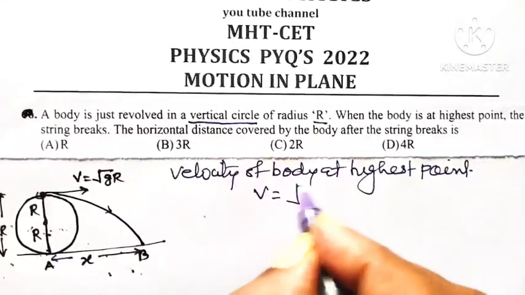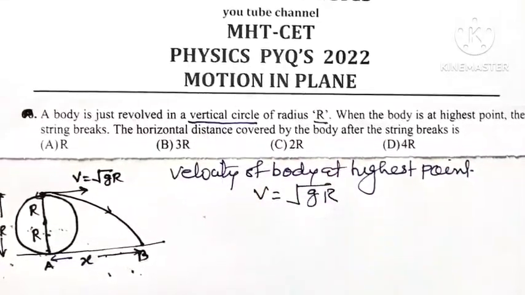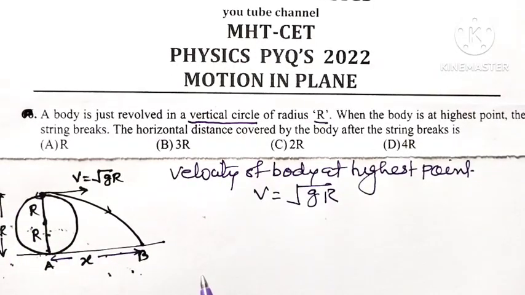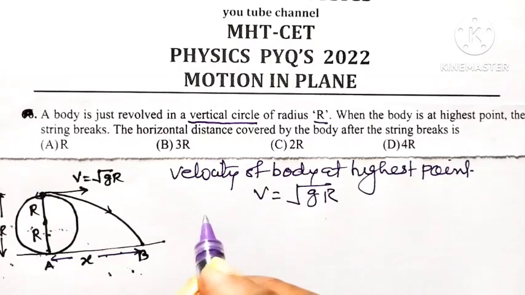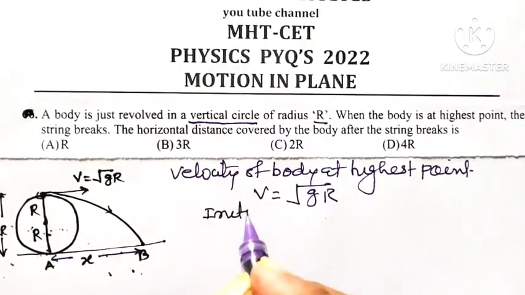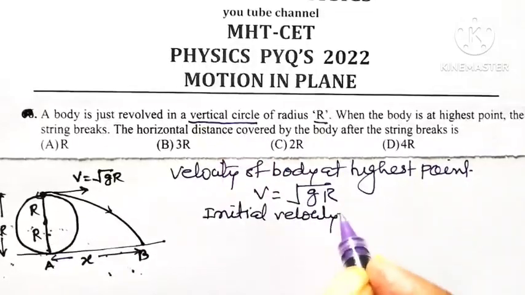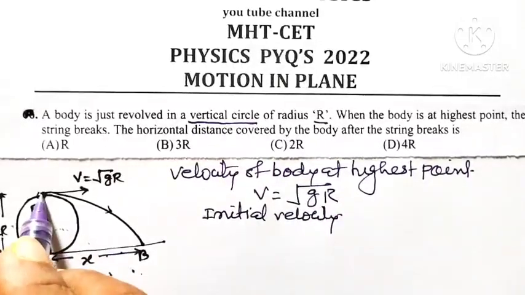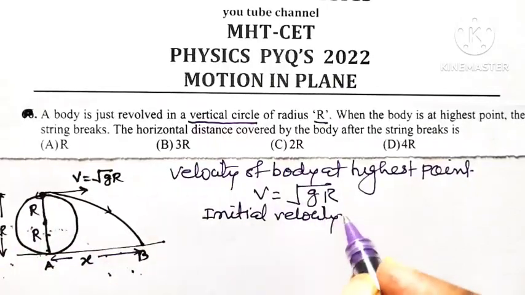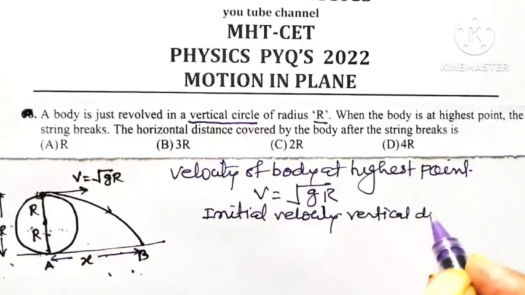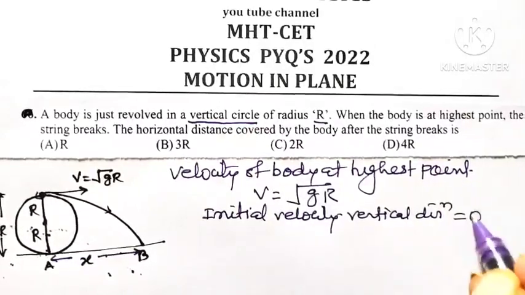V is equal to under root of g into r. Now what is the initial vertical component of velocity? Initial velocity in vertical direction at the highest point is equal to 0.